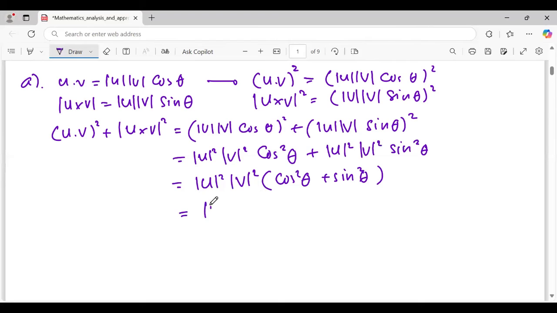So it is modulus u squared modulus v squared. So u dot v squared plus modulus u cross v squared equals modulus u squared modulus v squared.